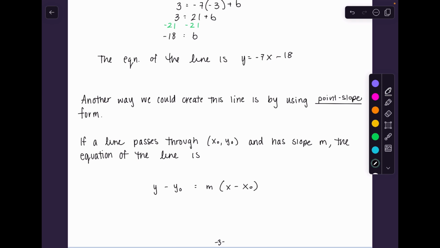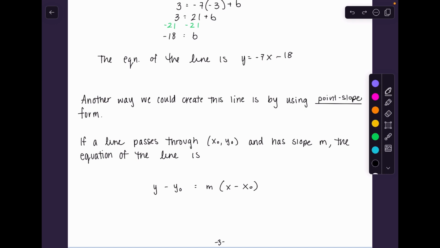All this does is it comes from the equation of our slope, because if I divide both sides by x minus x0, because these are the same things over here, they cancel each other out, and that's exactly the equation for our slope, the difference in y values over the difference in x values. So it's really just a rearrangement of that.